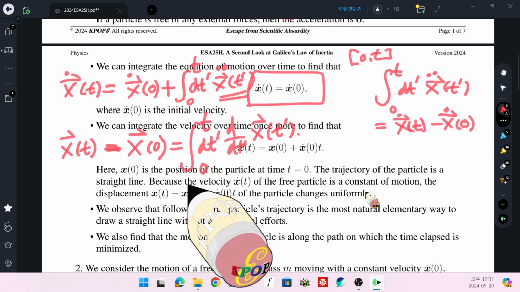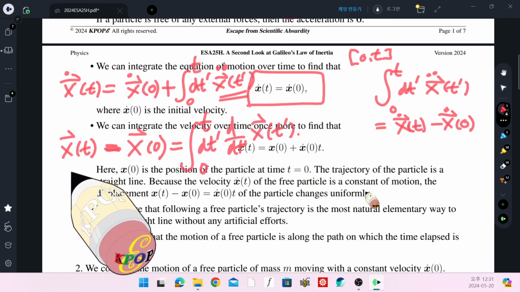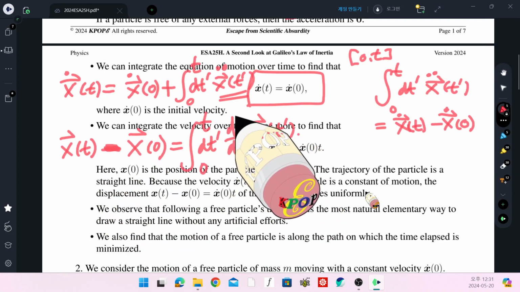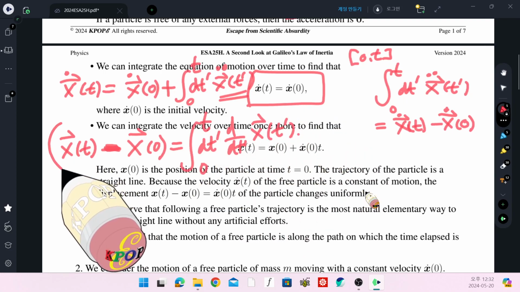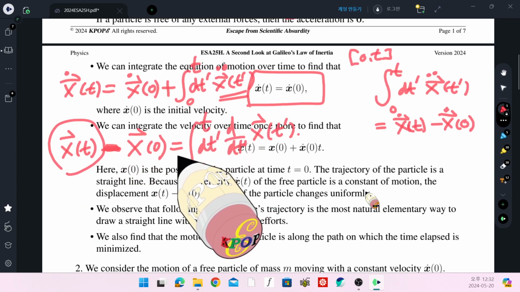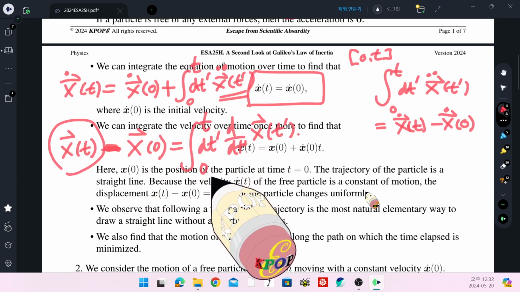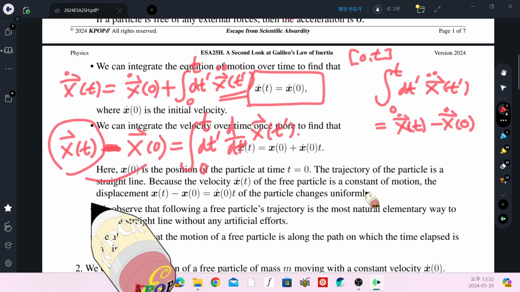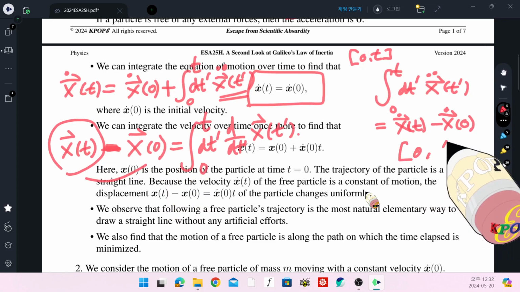If I carry out this definite integral, it is nothing but the position at time t subtracted by the position vector evaluated at t equals 0. This is called the displacement of the particle during the time interval 0 to t.